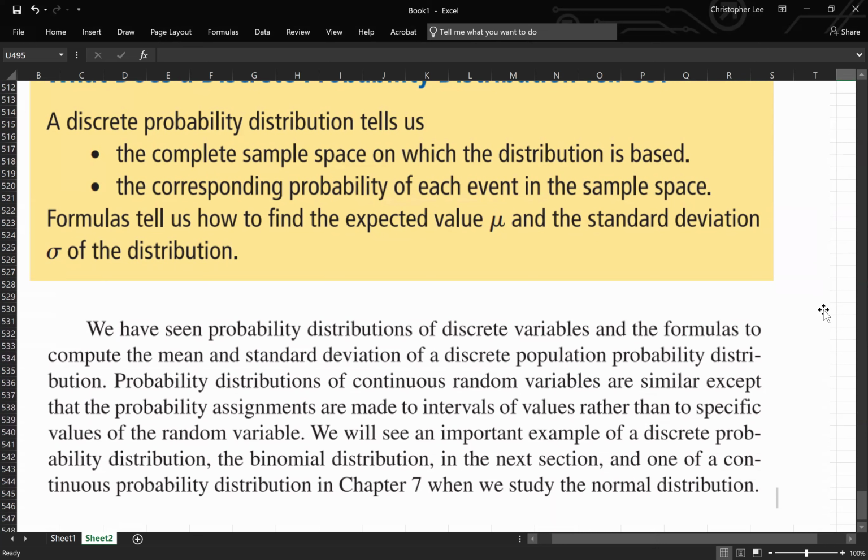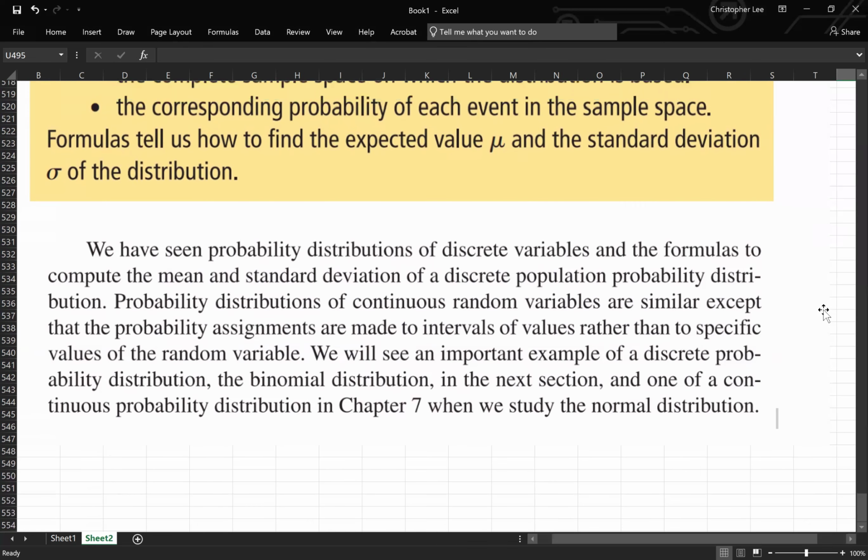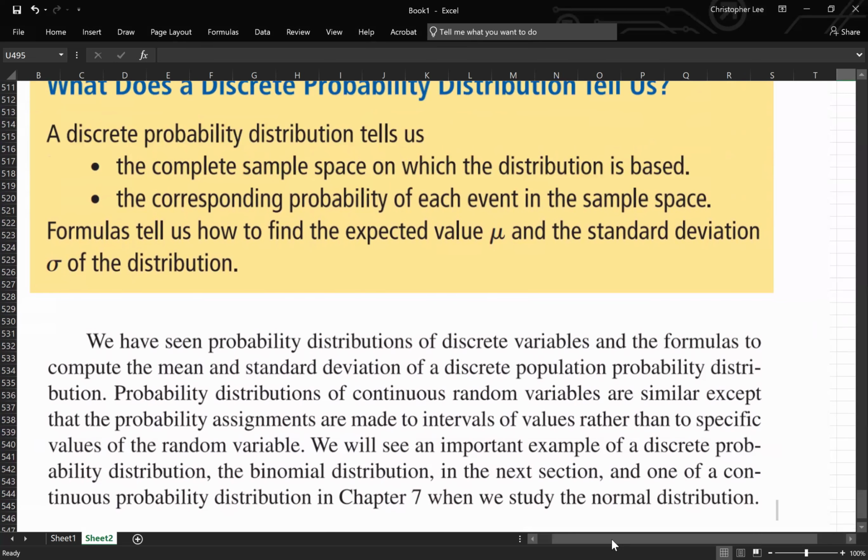Probability distributions of continuous random variables are similar, except that the probability assignments are made to intervals of values rather than to specific values of a random variable. We will see an important example of a discrete probability distribution, the binomial distribution, in the next section. And one of the continuous probability distributions in chapter 7 is the normal distribution. All right. So, more goodness to come.